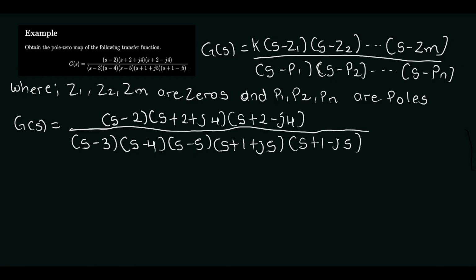So our zeros will be s equals 2 from this one right here, s equals minus 2 minus j4, and s equals minus 2 plus j4.